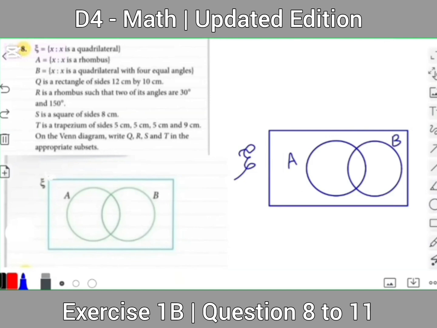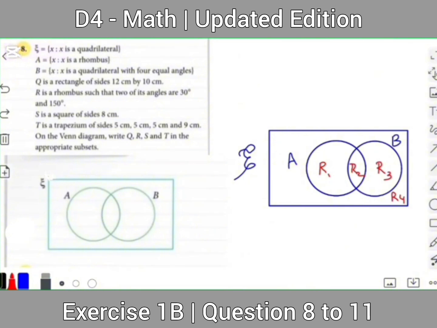Now the Venn diagram we have drawn is divided into four disjoint regions, and we will indicate those regions: R1, R2, R3, and R4. So R1, R2, R3, and R4 are disjoint.